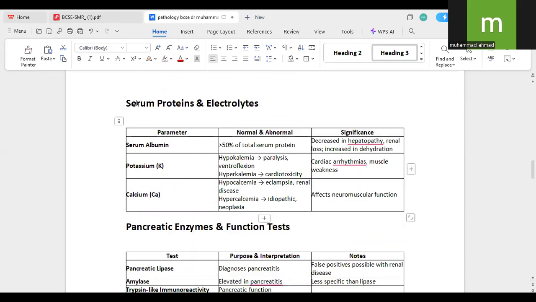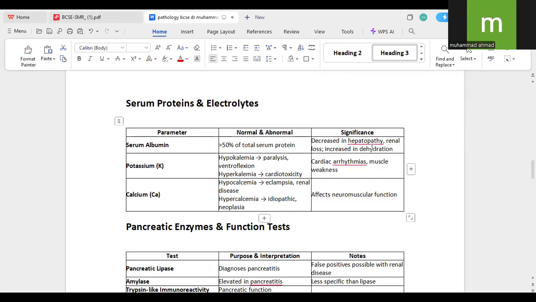There are some electrolytes like serum albumin, potassium, and calcium. Serum albumin is normally more than 50% of total serum protein. In hepatocellular liver injury, there is a low level of plasma protein, albumin, or there is a renal problem, nephropathy, and increase in dehydration.